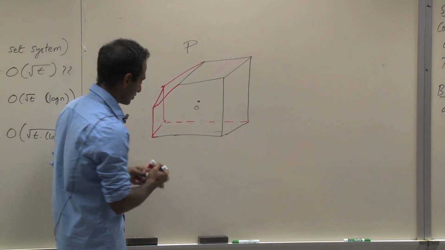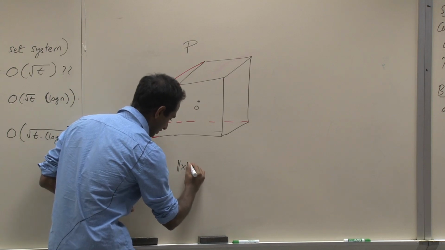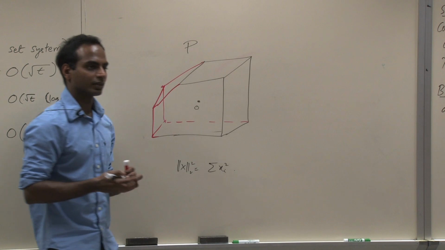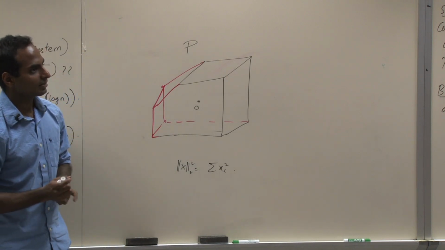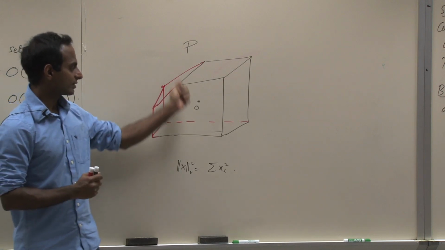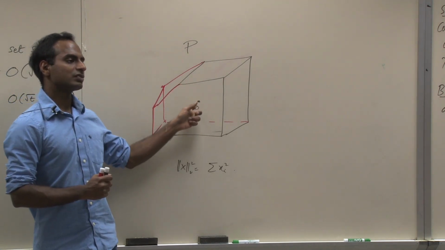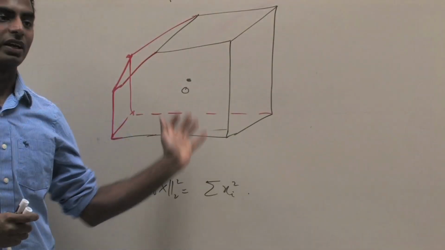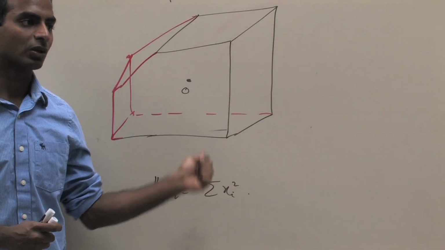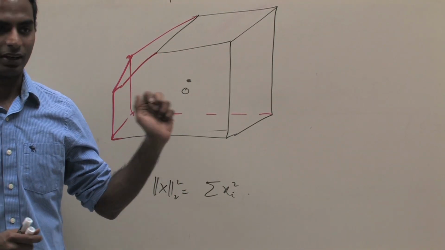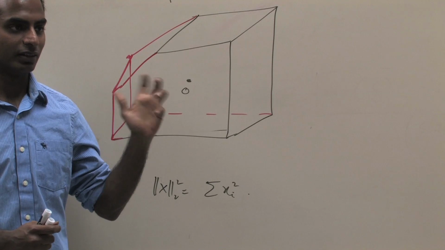The norm of x squared is the summation of x_i squared. Vaguely speaking, I want to find a point inside this polytope which is as far away from the origin as possible. Hopefully if it is very far, many of the individual coordinates will also be as large as possible, and half of them will hopefully be integral.